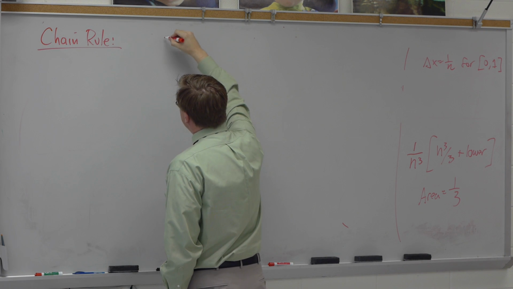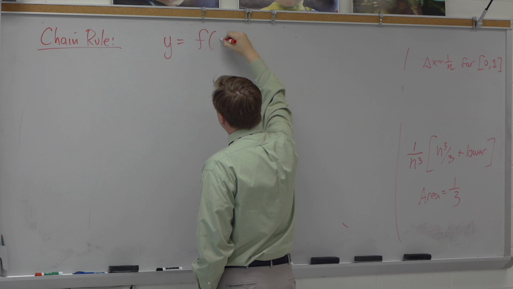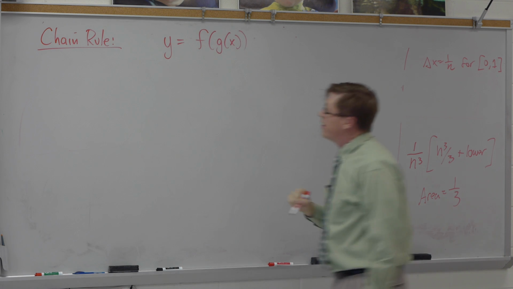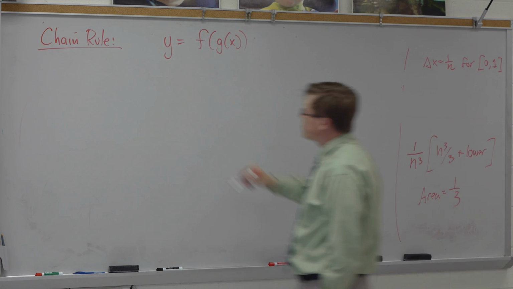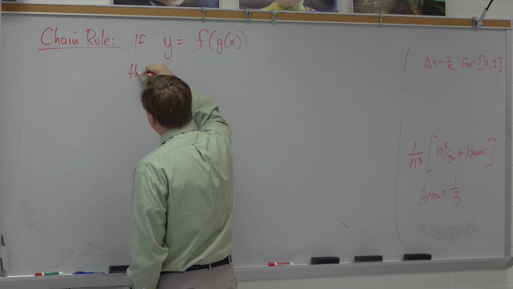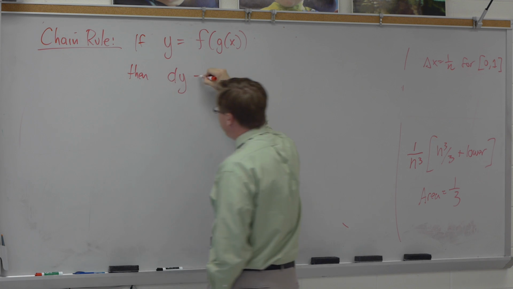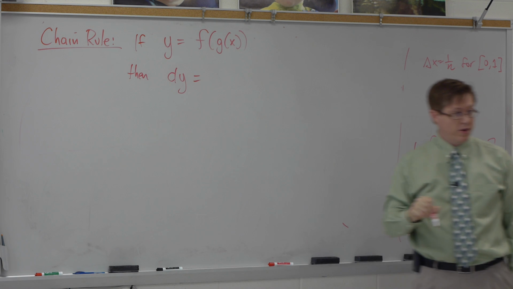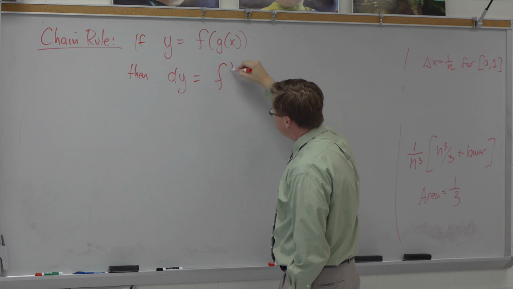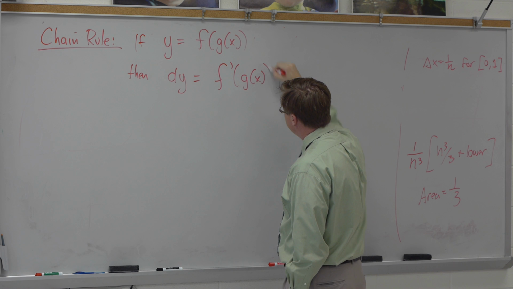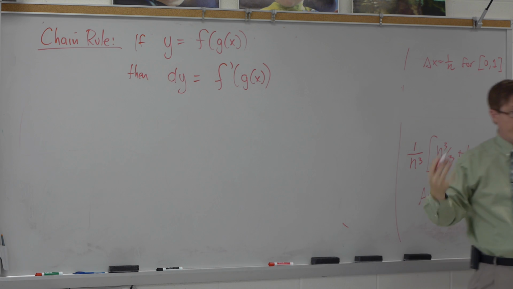The chain rule says this: if y is f of g of x, so a function inside of another function, then dy, the differential, is the derivative of the outside, f prime of g of x, but what do I need to multiply it by?